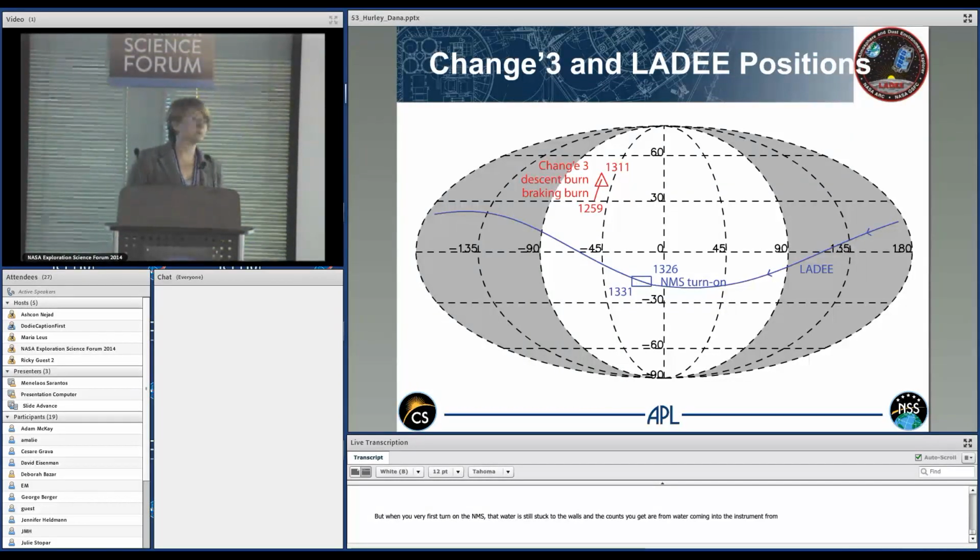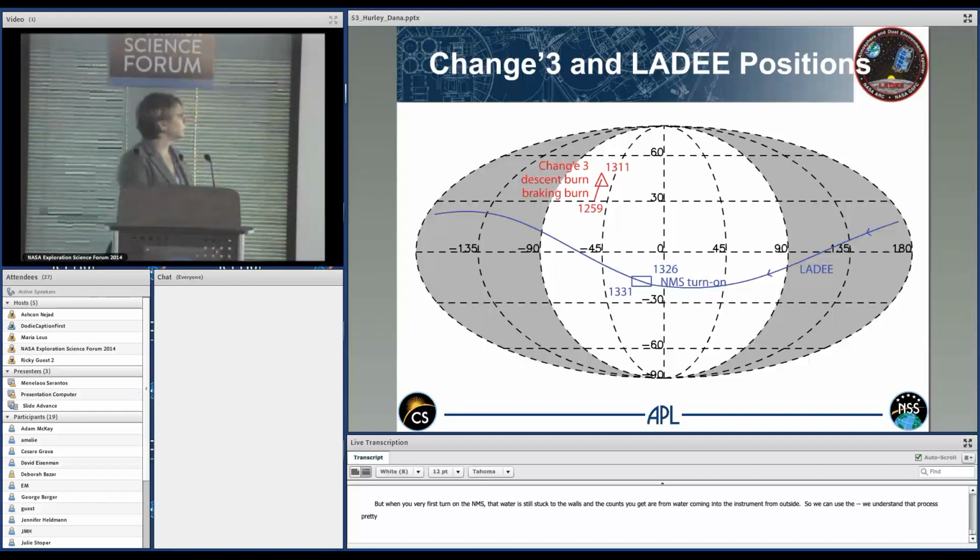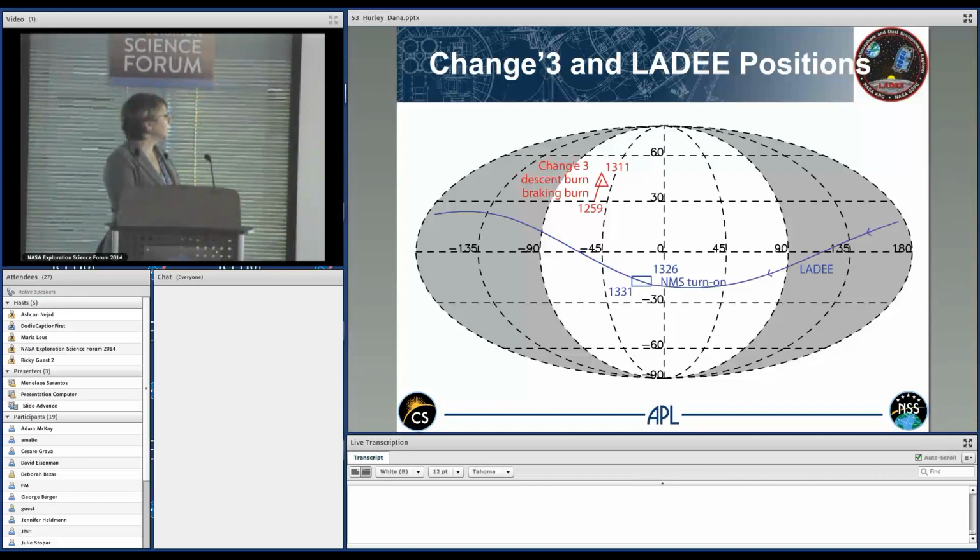So we understand that process pretty well, and we feel confident about the water measurements that are in the first 5 minutes after the instrument gets turned on any given orbit. And during this timing, that happened at this location here, which is about 2,000 kilometers away from the landing site.